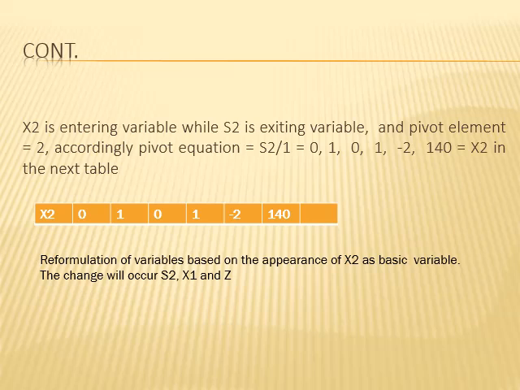As we mentioned before, x2 is the entering variable while S1 is the exiting variable, and the pivot element equals 2. Accordingly, the pivot equation equals S1 over 2.